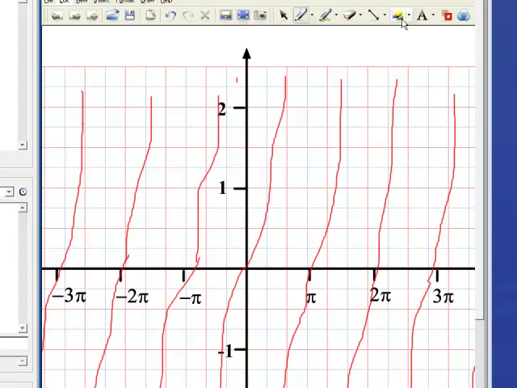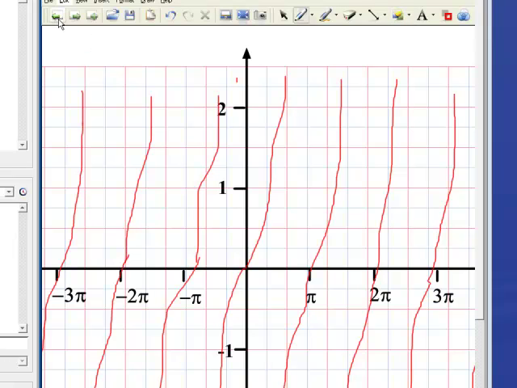Problem C says, find all values of x for when cosine equals 0, sine equals 0, sine equals 1, cosine equals 1, tangent equals 0, and where the tangent is undefined, for values between 0 and 2 pi.